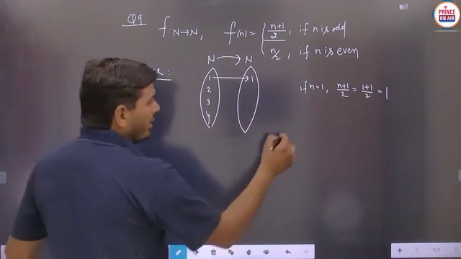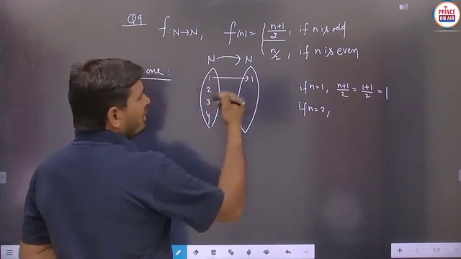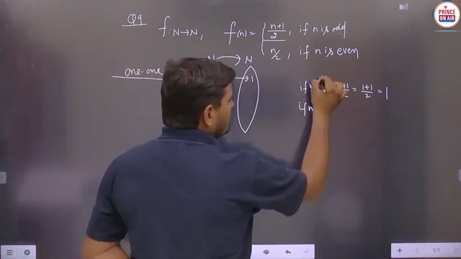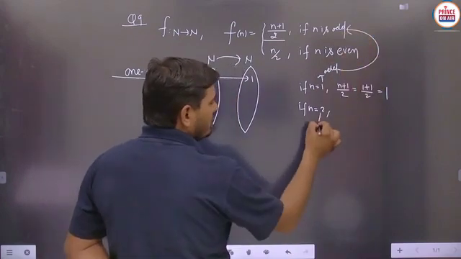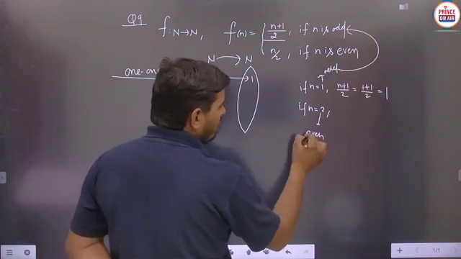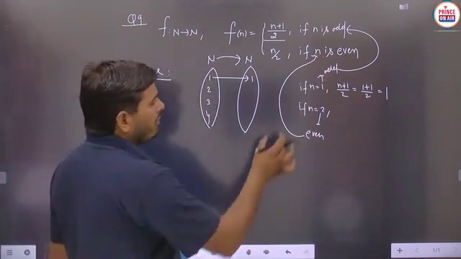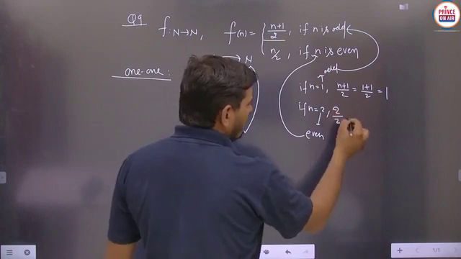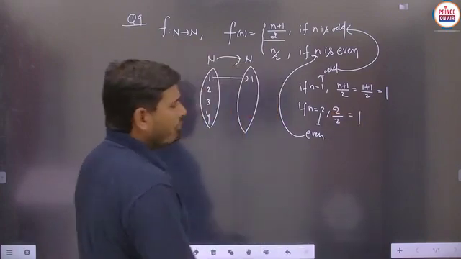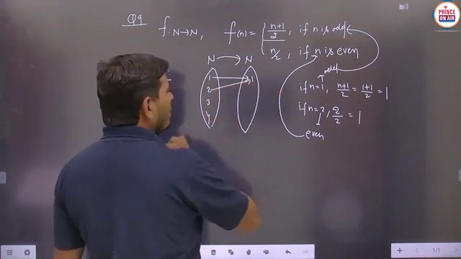Now we have to take n equals to 2 here. So if n equals to 2, then definitely students, this particular thing is not odd, so we cannot use that definition. Here this particular 2 is found to be even, so we have to use this definition. Is it clear? So here even means we have to put the value of 2 here. So this is obtained as 2 upon 2, and 2 upon 2 is obtained as 1. So again the image of this particular element is found to be 1.